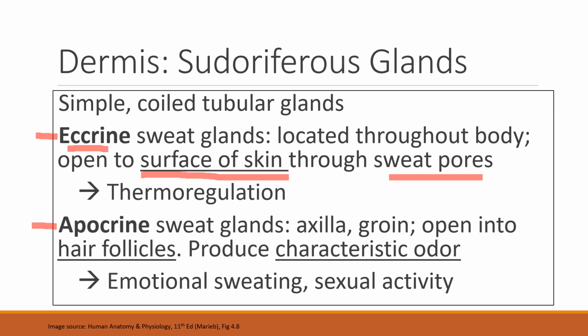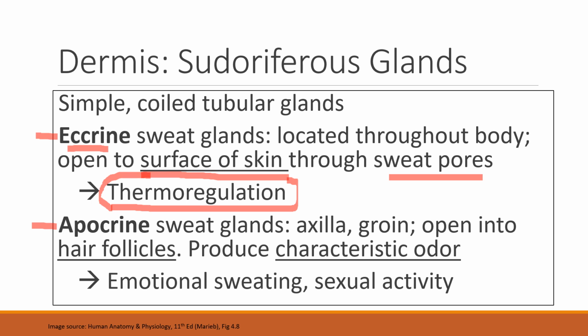The primary purpose of this is thermal regulation. What do I mean by that? It helps to regulate the body temperature. When we talk about the functions of the integumentary system, one of them is thermal regulation, which can be done in a number of ways. The eccrine sweat glands will secrete perspiration or sweat. What's in sweat? Well, it's mostly water. There's a little bit of salt in there, maybe a little bit of urea, maybe some other toxins.